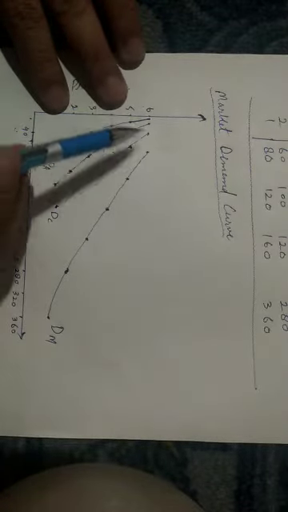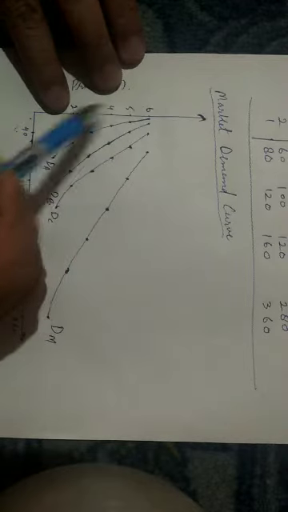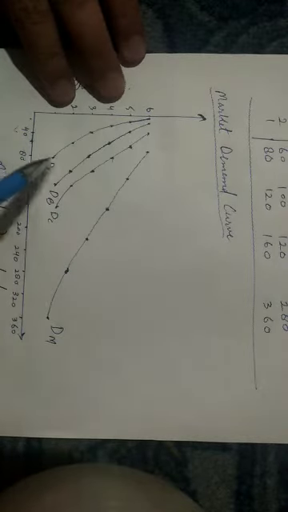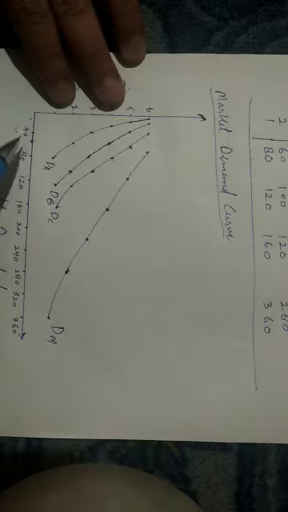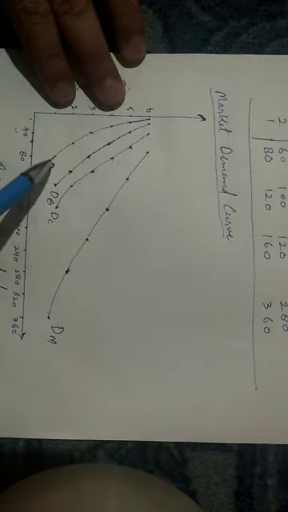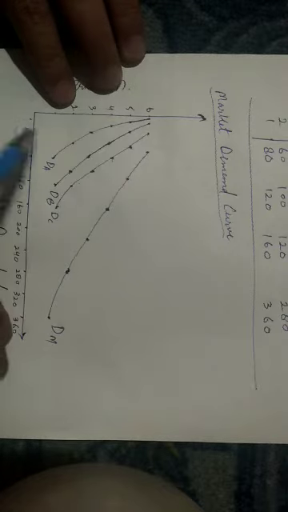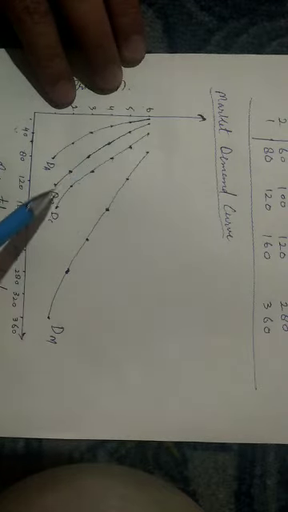Now when the price decreases from 6 to 5, A's demand is 20, B's demand is 40, C's demand is 60.